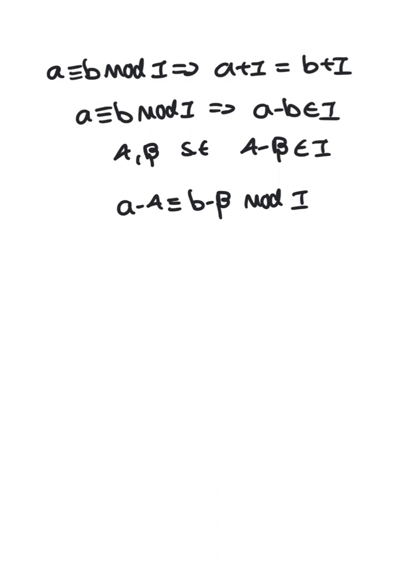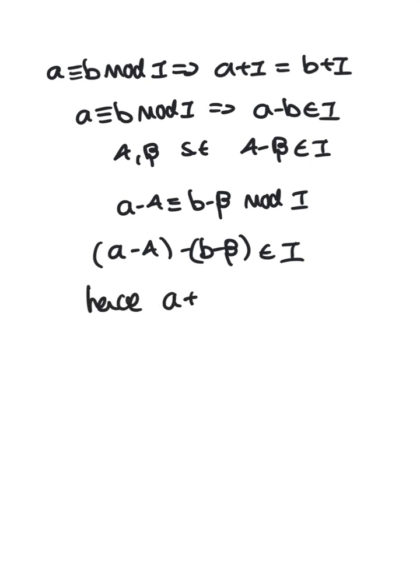And actually, hence, we can write that A minus alpha minus B minus beta is in I. And this means, because it's an additive subgroup, that they must be in the same ideal. And hence, the two cosets are equal.